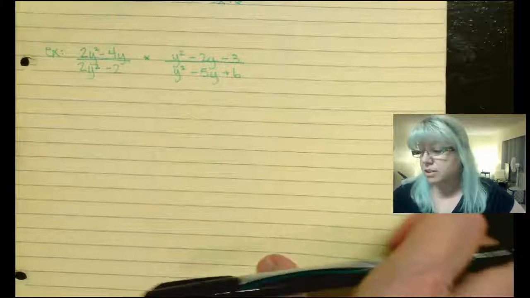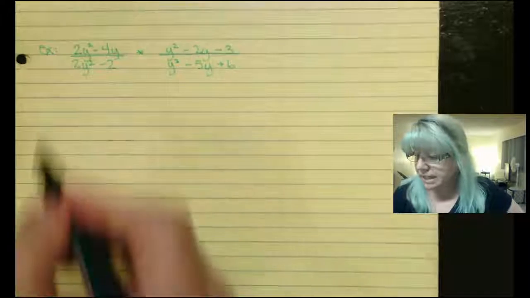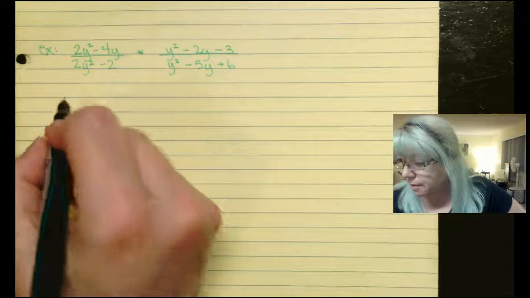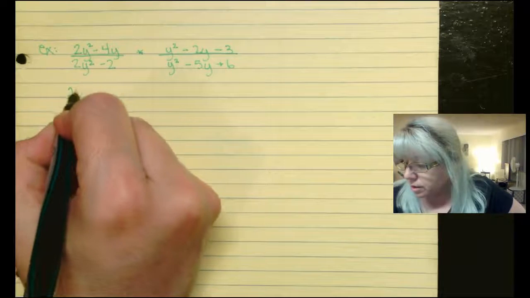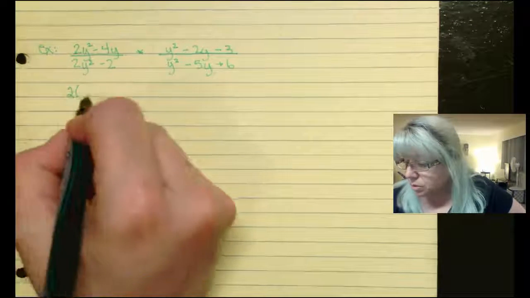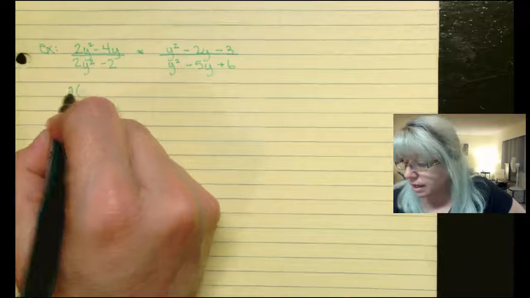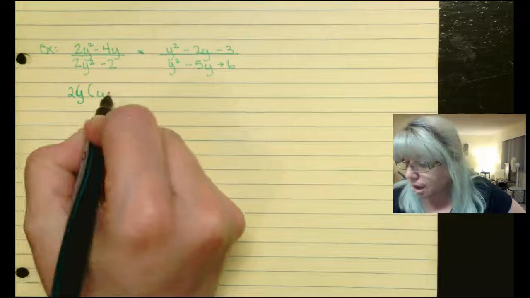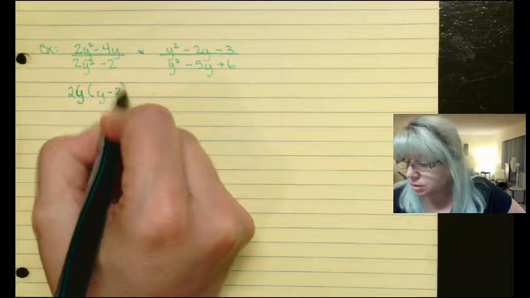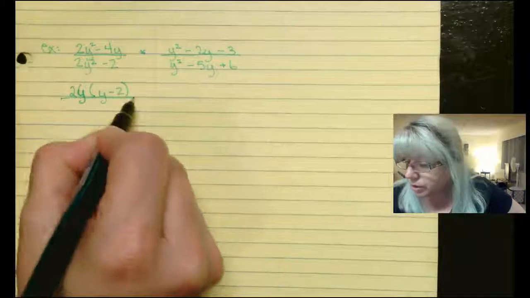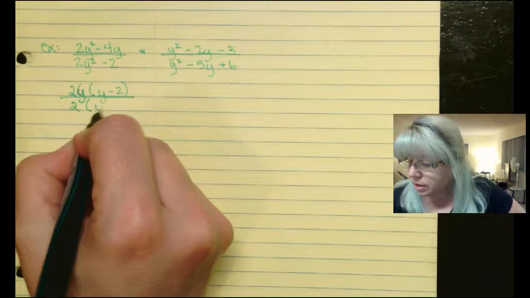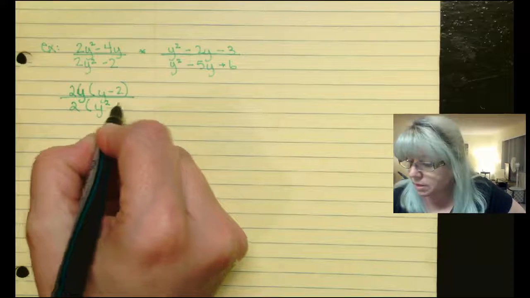All right, factor first. I'm going to factor each of these fractions. Might have to do it in a couple of steps. I can actually pull out a 2y, which leaves me y minus 2 all over, and pull out a 2 here, leaving y squared minus 1.